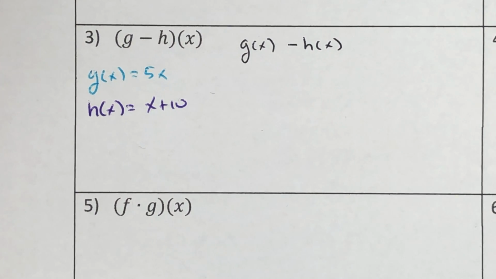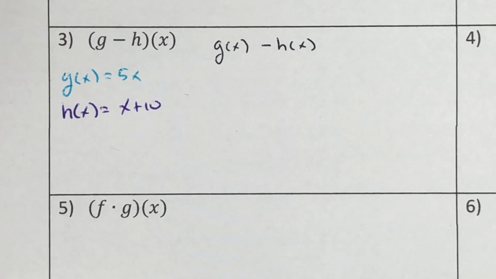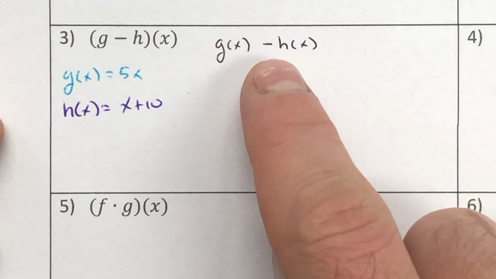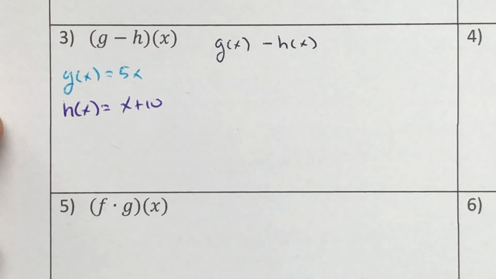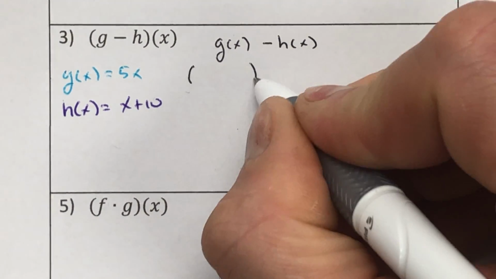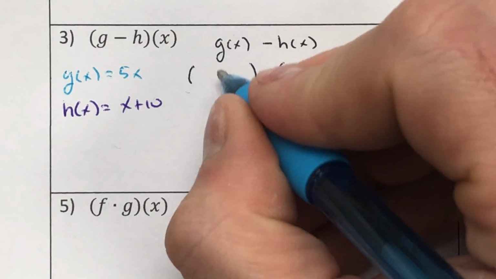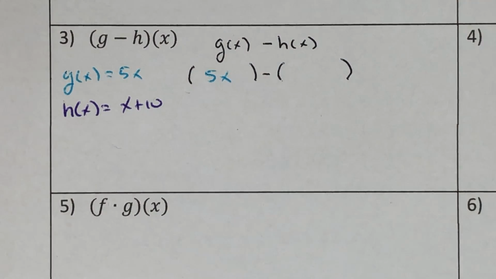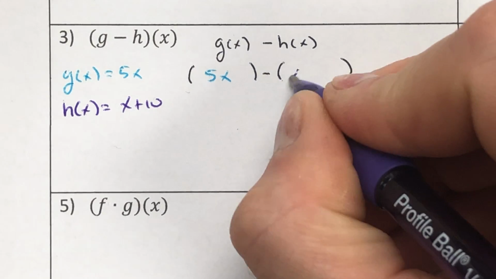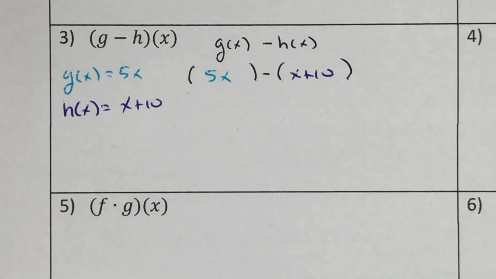Now, unlike addition, one of the things that I am going to have to pay attention to is the fact that I have a subtraction sign out here. H is a binomial, which means that I'm going to have to take that negative sign and distribute to each one of these. But if you want to avoid that, let's go ahead and say minus, and let's just fill in what we know. So g of x is 5x, and h of x is going to be x plus 10.